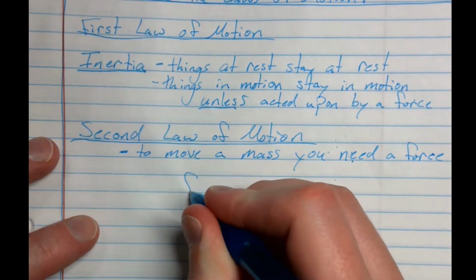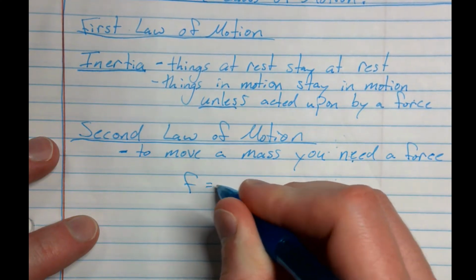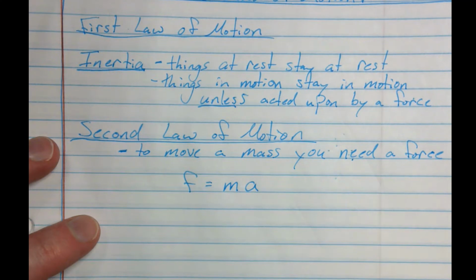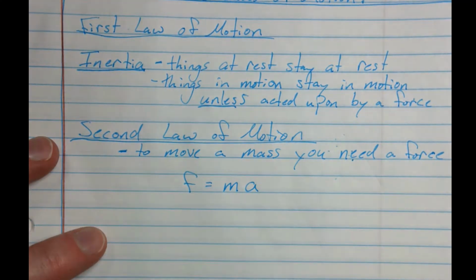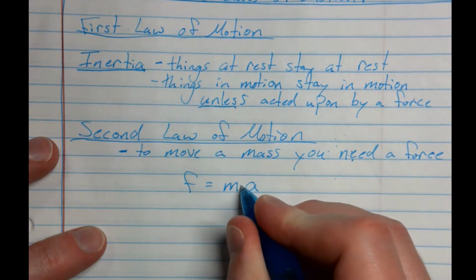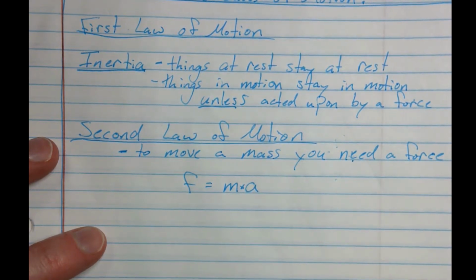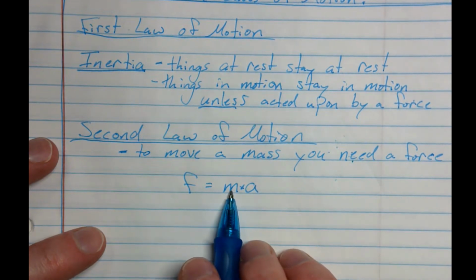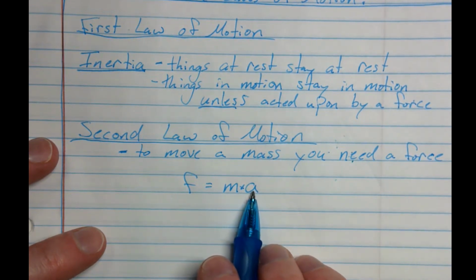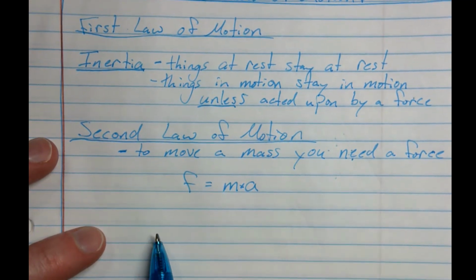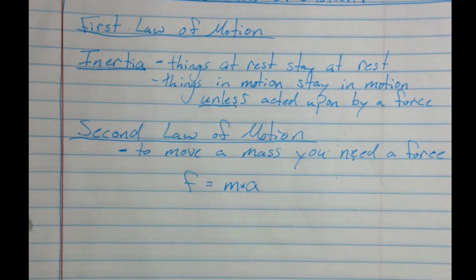And that equation is F equals ma. So that's telling us the force is equal to the mass times acceleration. So if I wanted to move an object or make it accelerate, that's what acceleration is, I need to apply a force, which is kind of cool. Okay, so that's Newton's second law.